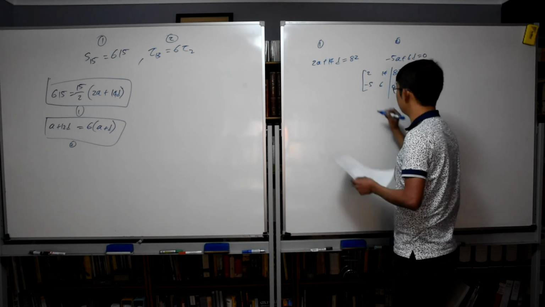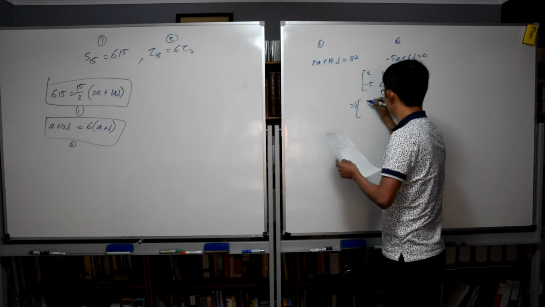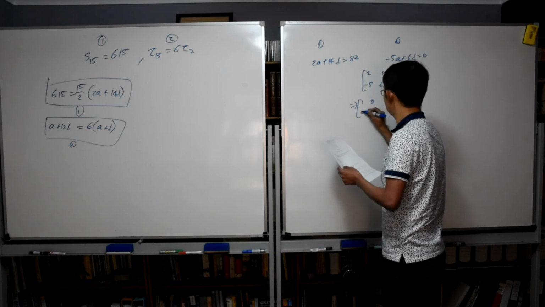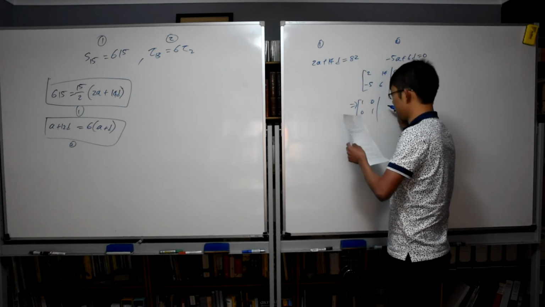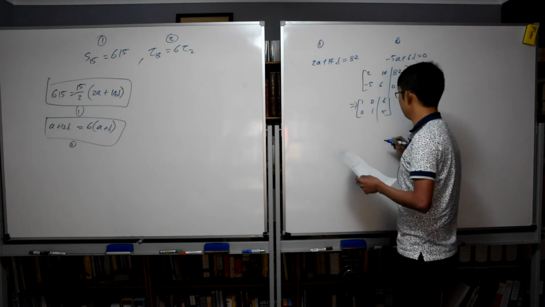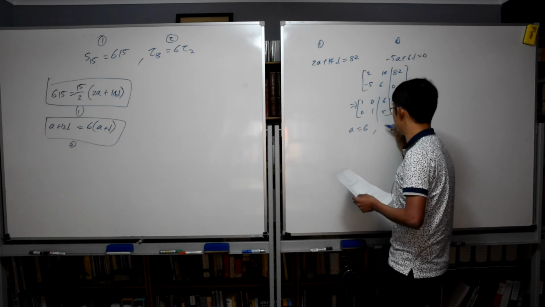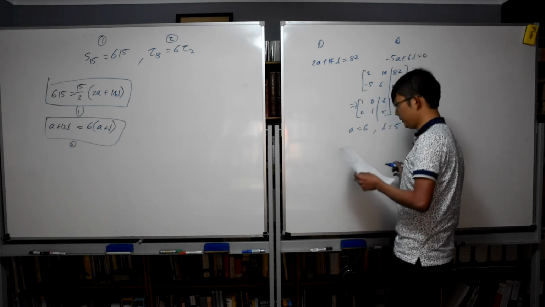And if we were to solve this, we get, in this case, the first term is 6 and the common difference is 5.